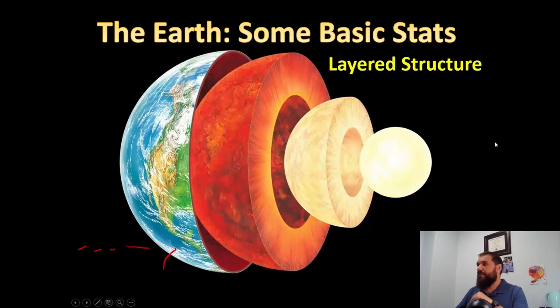And first of all, we have to go over that very basic Earth structure. So the Earth has a layered structure. There's four layers, okay? That outermost layer that we live on, that you're used to, is called the crust, right? So there's the crust. Then beyond that, there's the mantle. The mantle is the very largest of those layers.